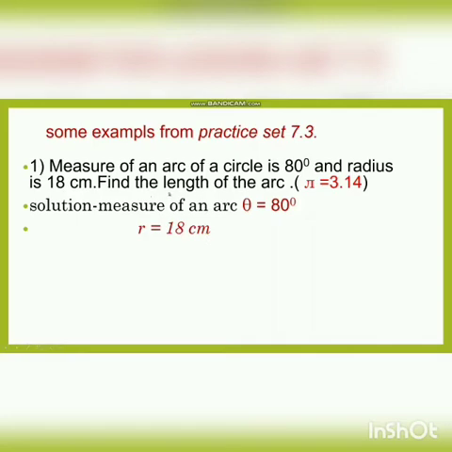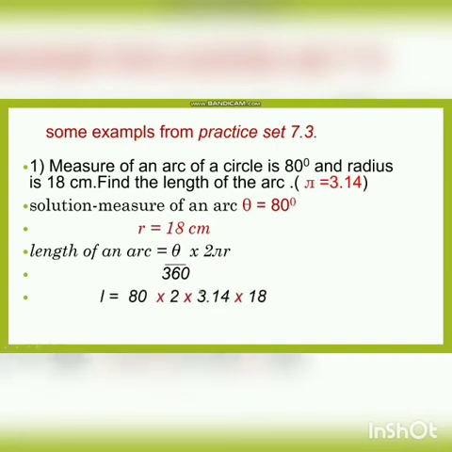You have to find out the length of the arc. So write the formula of length of arc. Length of an arc is equal to theta upon 360 into 2 pi r. Now on the next step, put all the given values, theta 80 and radius r, value of pi also.